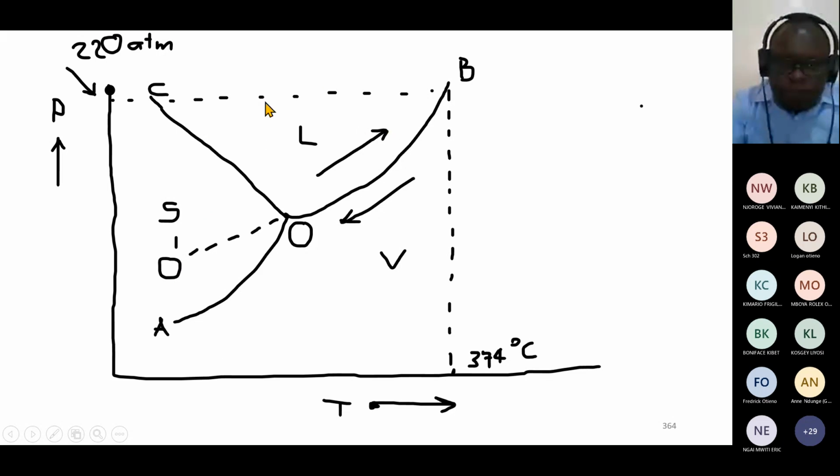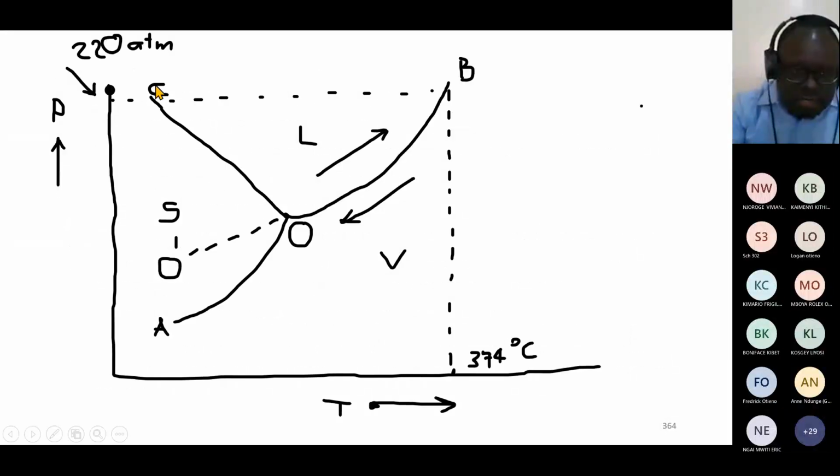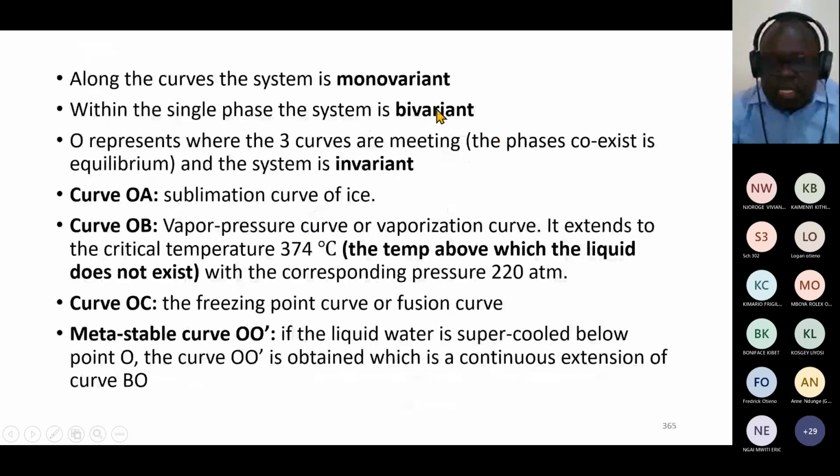Here we have the liquid phase in this region. And here we have the vapor phase in this particular region. Okay. So along the curves, the system is monovariant. So along these lines, we say that the system is monovariant, meaning that it has 1 degree of freedom.